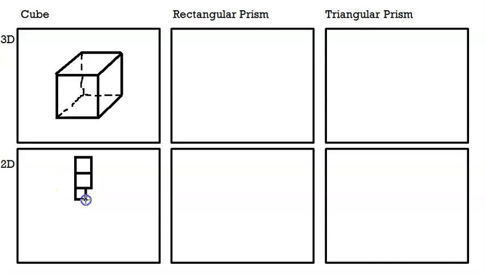Now, when it comes to a net of a cube, again, there's no one official correct answer. It's not that this one will make a cube, but the other one won't. There are a lot of different ways to do it. The most common one that I've seen usually looks kind of like a cross.